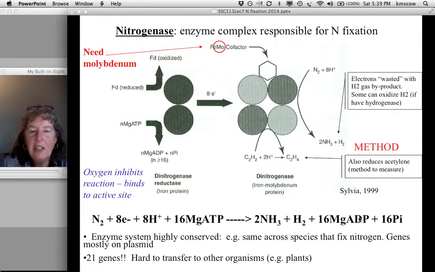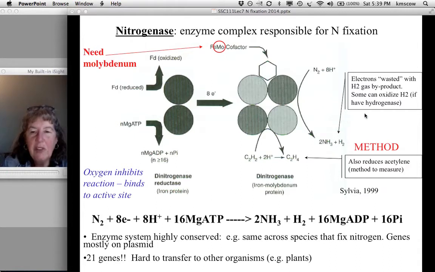That ATP is now ADP, and you have these 16 phosphates. So very expensive, you can see that you don't do that without a lot of access to ATP and a lot of access to things like sugars to make that.